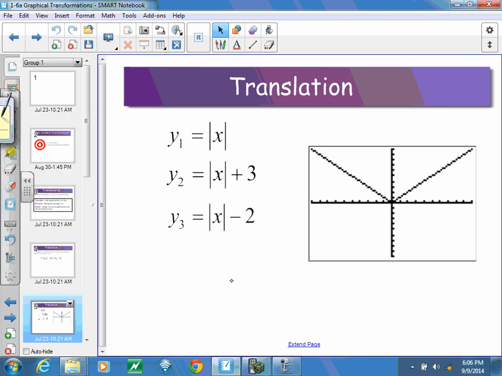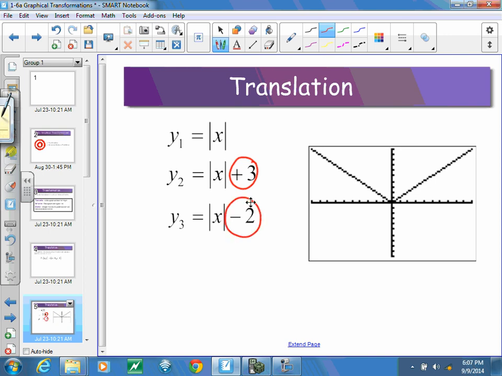What we like to think about this here is we like to think of this being outside change. Okay, you are doing something that is outside of what's inside your absolute value. So the plus 3 is outside the absolute value, the minus 2 is outside the absolute value.